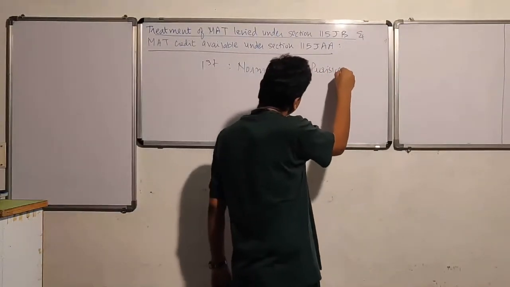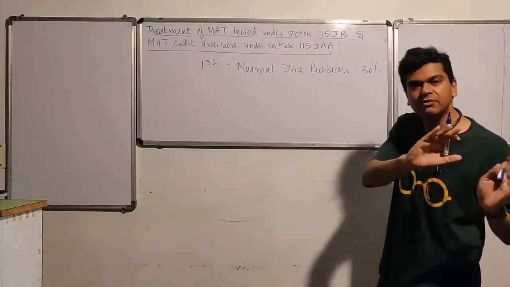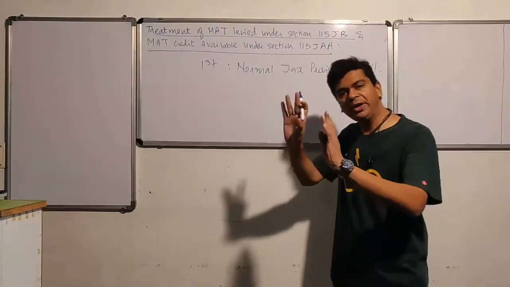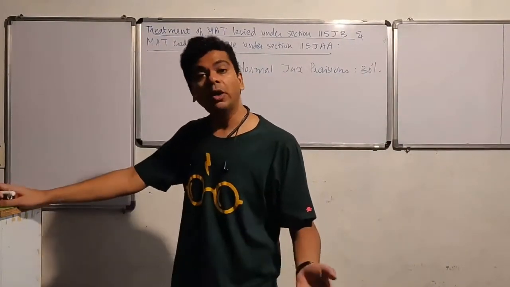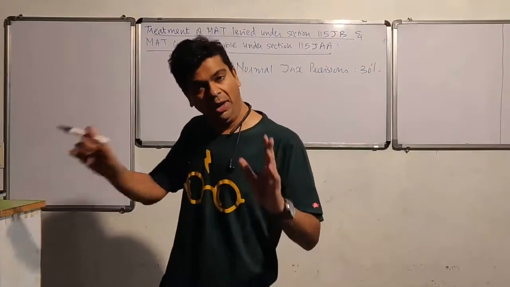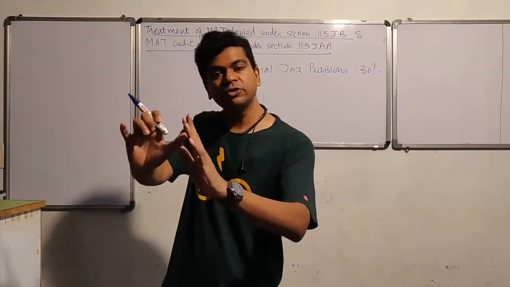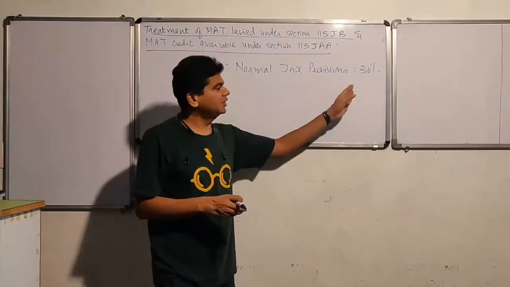Let us say for a company the normal tax rate is 30%. Just the way you normally calculate your taxable income, follow all the different provisions of the Income Tax Act. Whatever incomes are taxable, exempt, deductions available, disallowed, consider all the normal tax provisions, find out the normal taxable income, and multiply that by 30%.